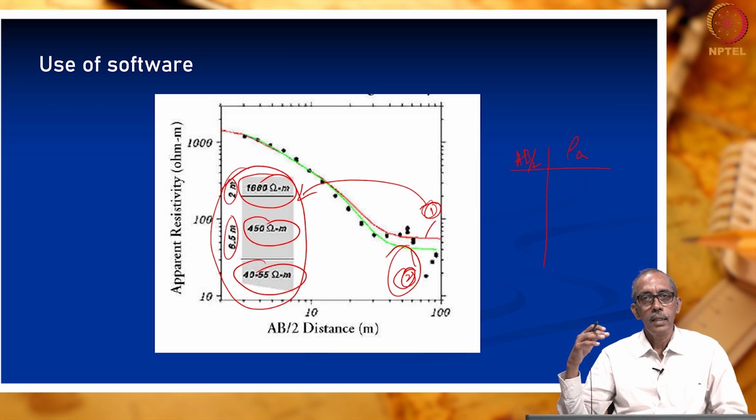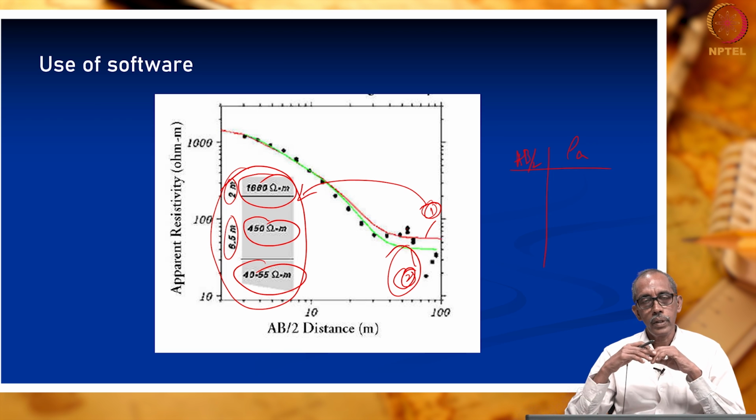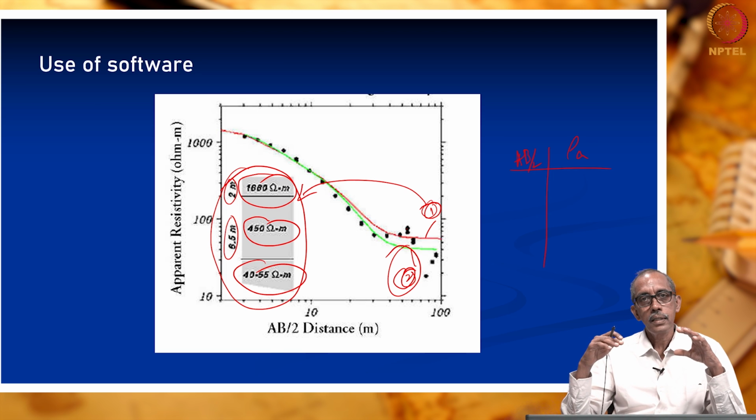So, these are all the different methods of interpretation of vertical electrical resistivity data. In this lecture, what we had seen today is what is vertical electrical resistivity sounding and what is the data which we get out of vertical electrical sounding. The resistivity curve which we have obtained from the vertical electrical sounding can be interpreted in a number of methods.